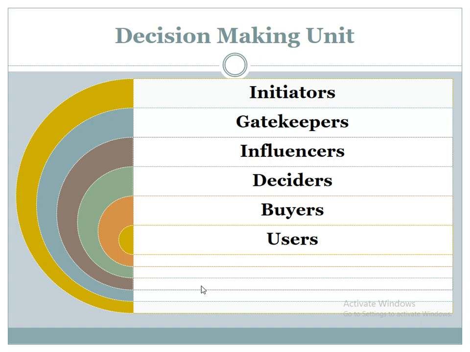They may be shop floor workers, maintenance engineers, or research and development engineers. After understanding the roles of a decision-making unit, the industrial marketers must identify the individuals and groups who are the members of the buying center.